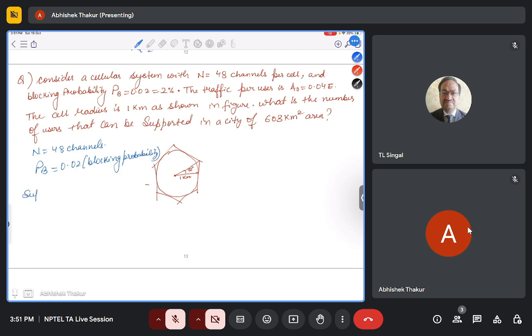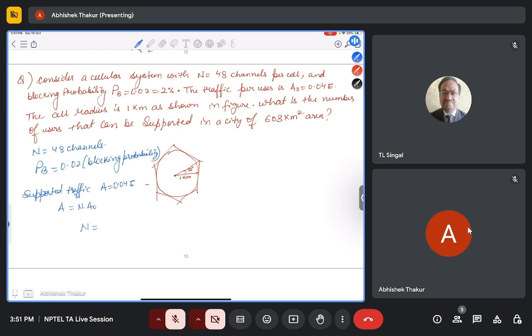So supported traffic A is 38.4 from the Erlang table. A is equal to N into A naught.